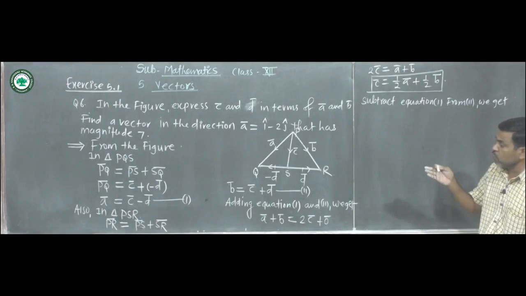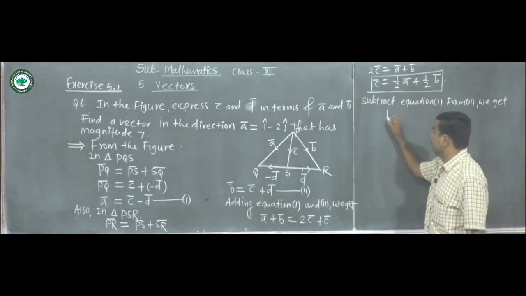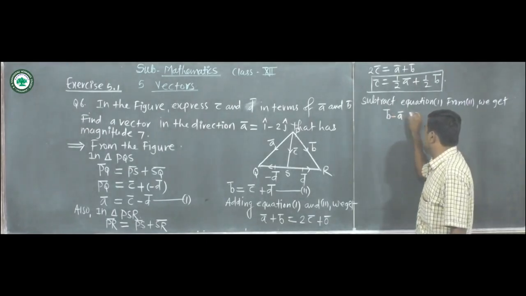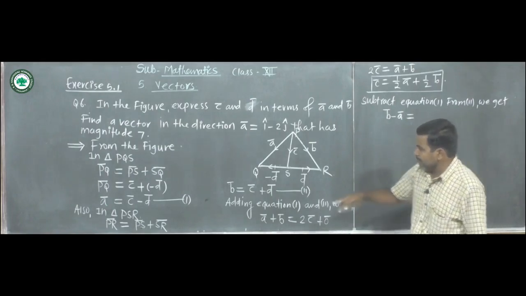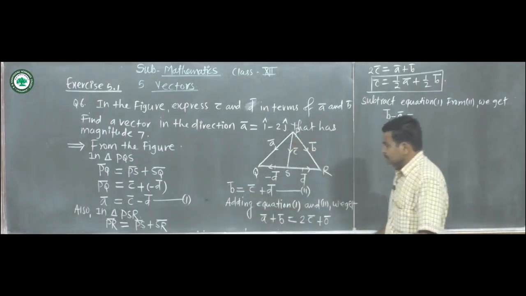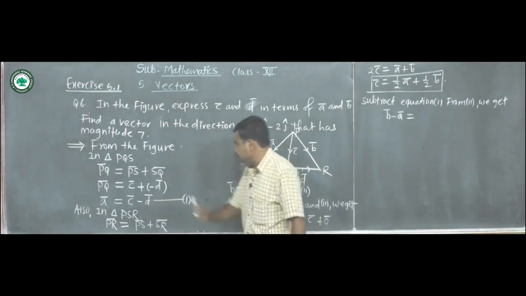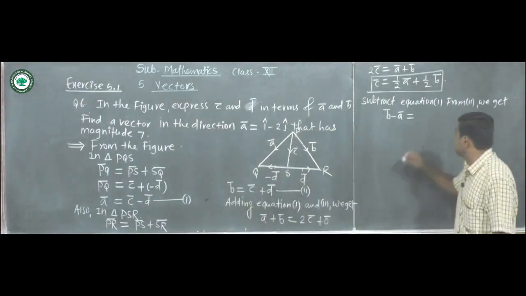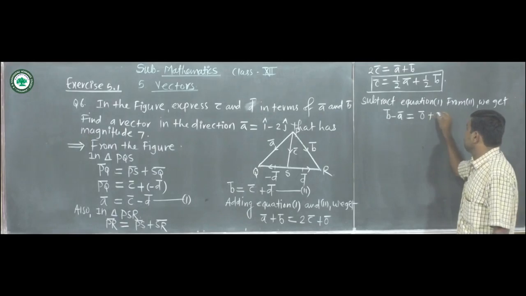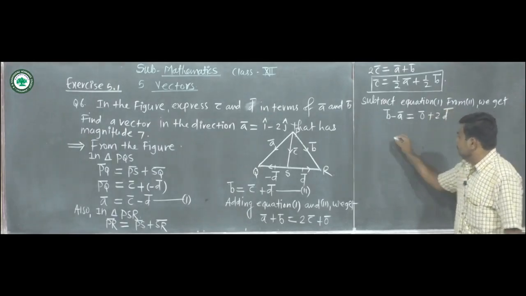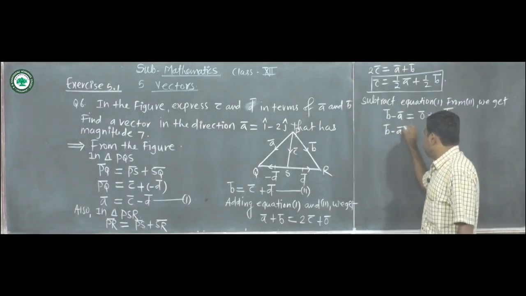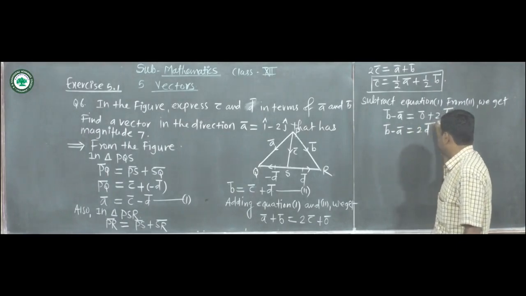Equation 1 from 2, so B bar minus A bar is equal to C bar minus C bar, 0 vector, and D bar minus of minus becomes plus D bar plus D bar, that is twice of D bar. So here B bar minus A bar is equal to twice of D bar.